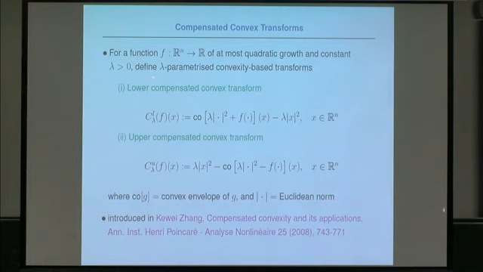The method is this: for your function, you add a weight, which is a parameter times the Euclidean norm squared. Then you take the convex envelope of that, then release the weight afterwards.